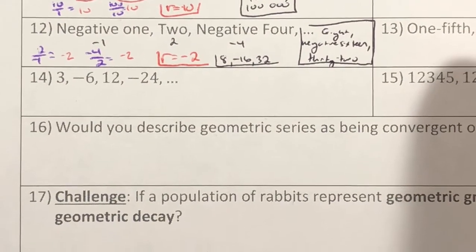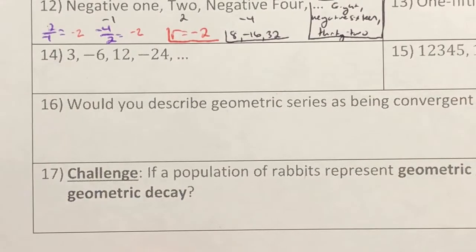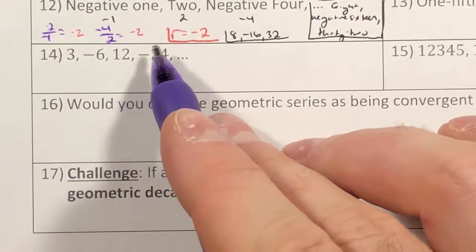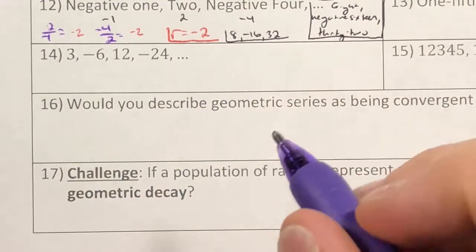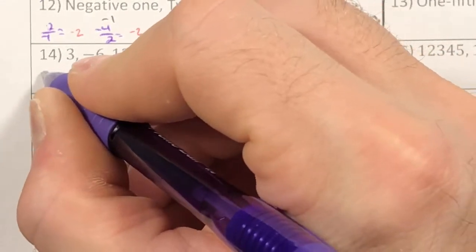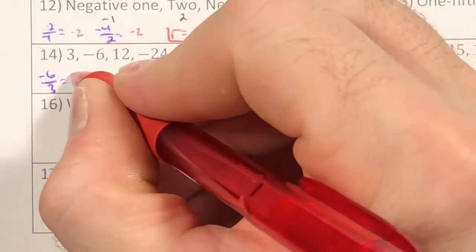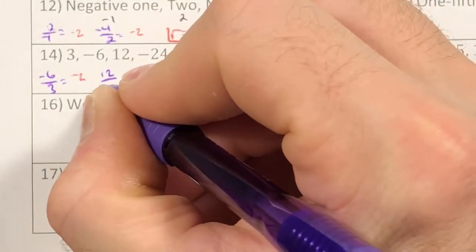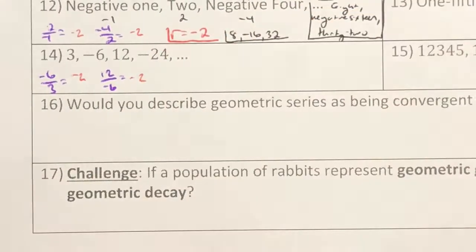Perfect. Okay. And if we look at the next one, we have a similar setup. I know that if I'm going from positive to negative to positive to negative, what's going on is my rate is going to be a negative value right here. So I'm going to take the second value and divide it by the first, and see what we get. -2. Second value divided by the one previous, -2.